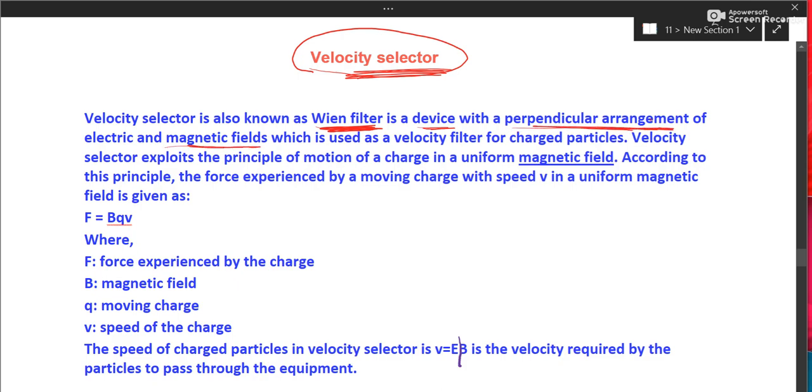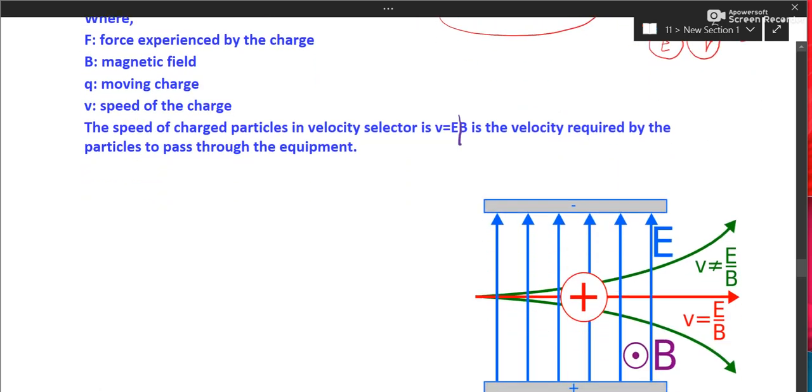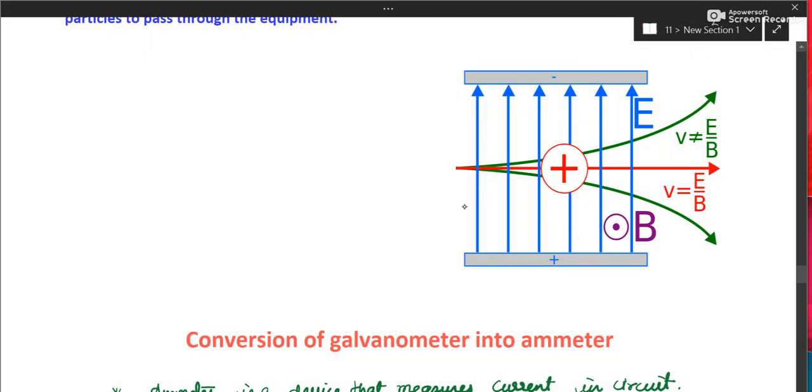It's an arrangement of crossed magnetic and electric fields, used to select charges with specific speeds. So, which charges are being selected?